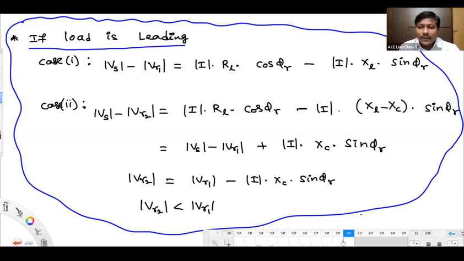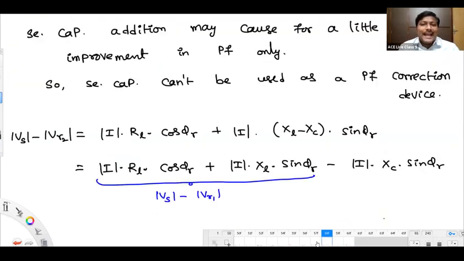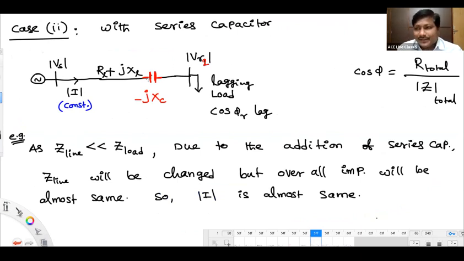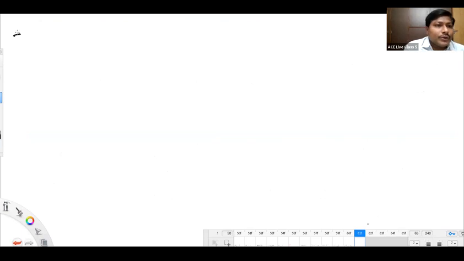See, what is the amount of reactive power delivered by the series capacitor? That will be I square into XC. I'll write the first statement: Q delivered by series capacitor.